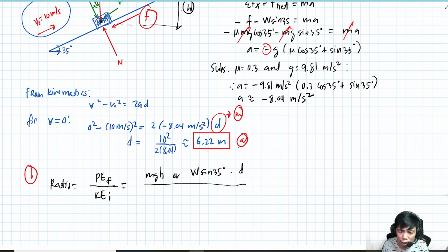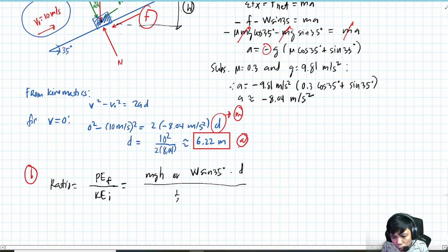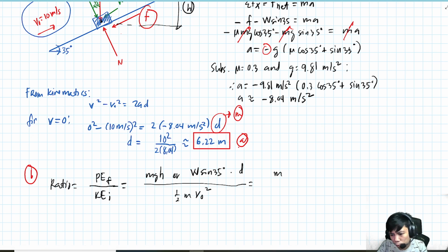Since wala naman tayong final, yung initial natin is 1 half m v sub o squared. So, palitan natin guys yung dyan. Magiging mg sine 35 degrees times d over 1 half m v sub o squared.